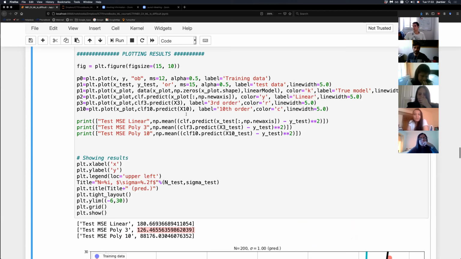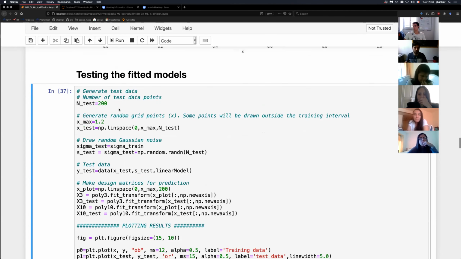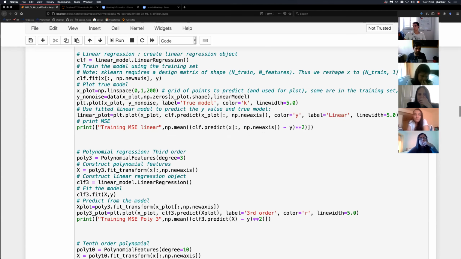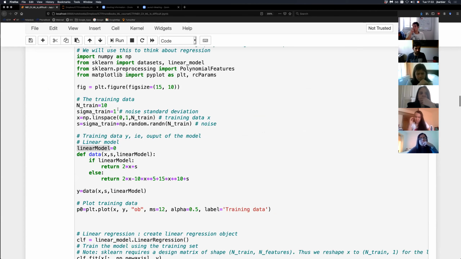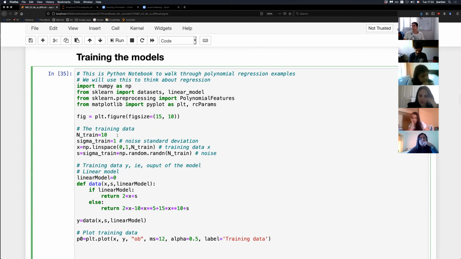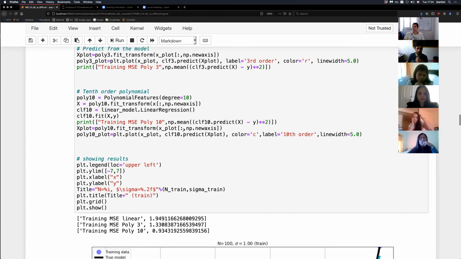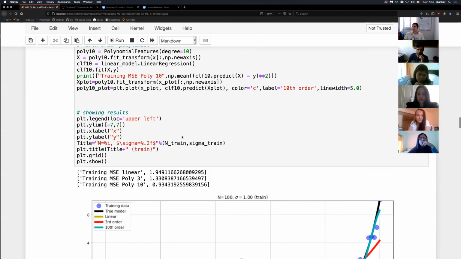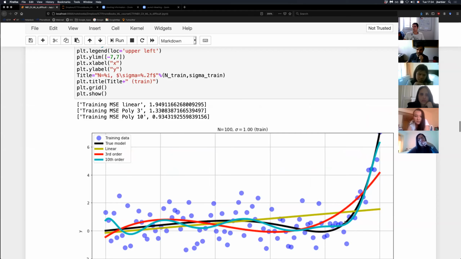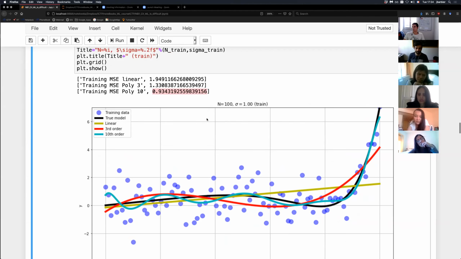Okay. And you will see that even if, let's take even smaller noise. So let's take more training data to see what happens. 100, and we keep the noise at a standard deviation of 1. So the true model is still an order 10 polynomial. Again, as always, the 10-order polynomial gives us the best training error.